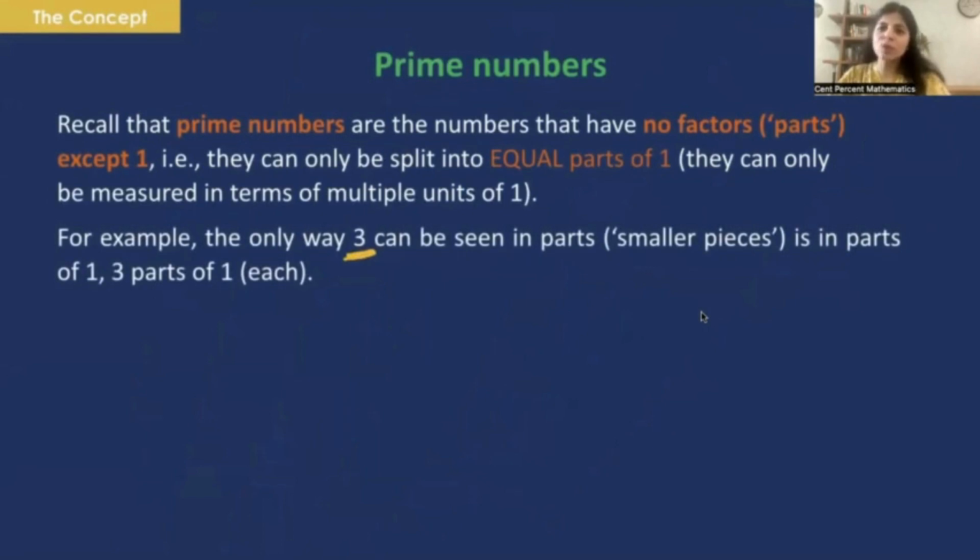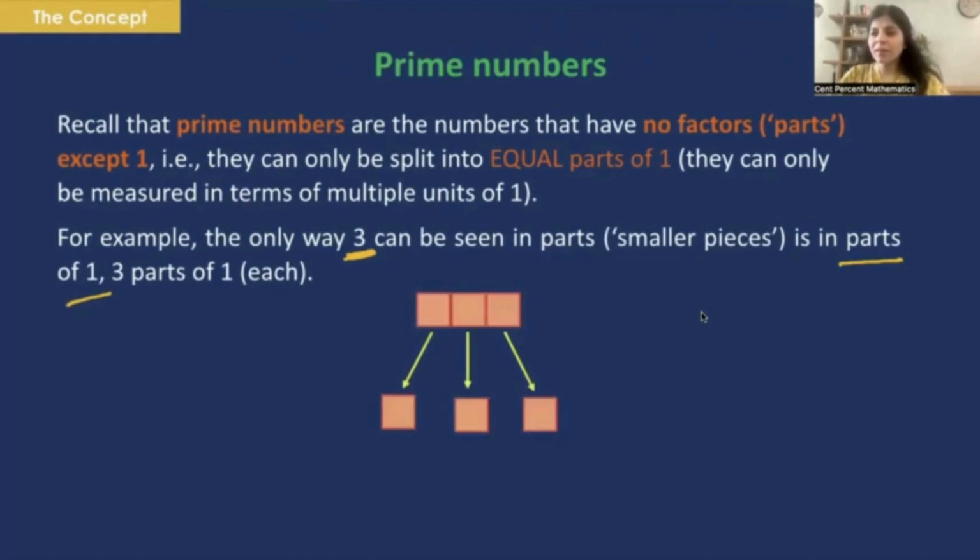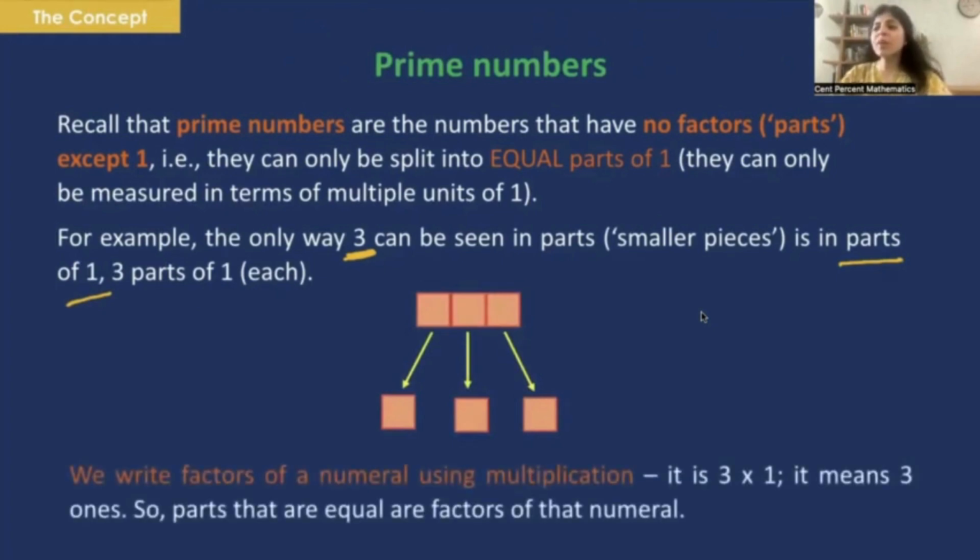Now you should be able to visualize it. It can be just split in equal parts of 1. So the word equal is very important. The number 3 can be split into equal parts of 1. And how do we write down the factors? It is always using multiplication. So we can write down 3 as 3 times 1.